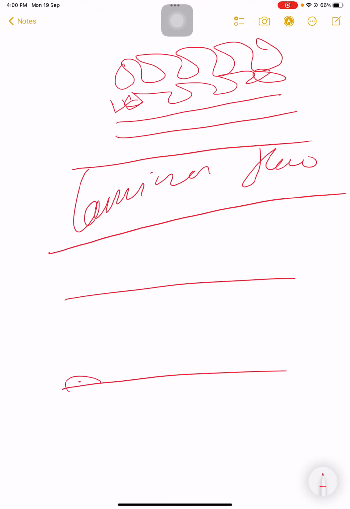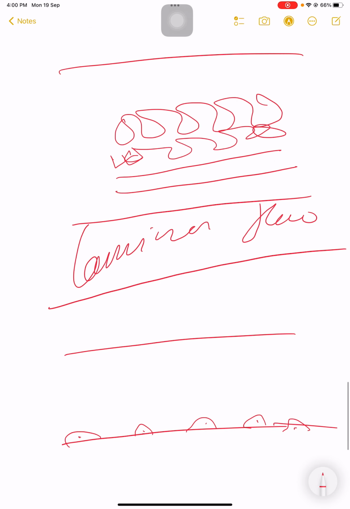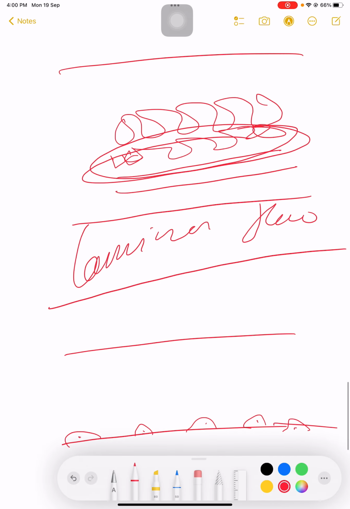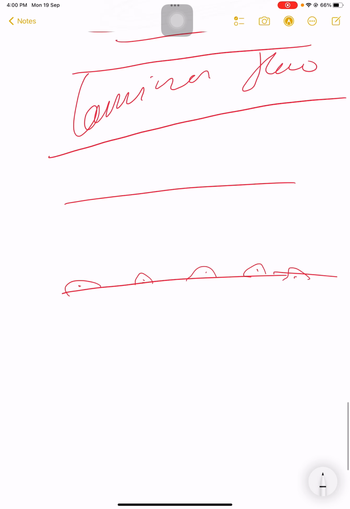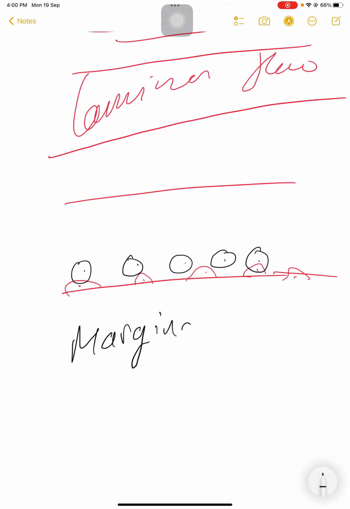Suppose this is your endothelial cells. These WBCs will come near to the endothelial cells, and this process is known as margination.